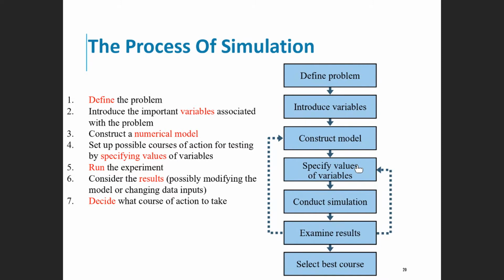Or maybe you change the range, you have shifts and you change the number of people, 5 people or 10 people per shift. Or you change the model itself that you started in step number 3, and you reconstruct the model again. Maybe you have not included some constraints or conditions correctly, so you have to reconstruct the model.